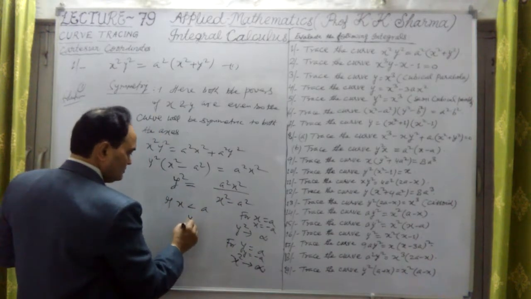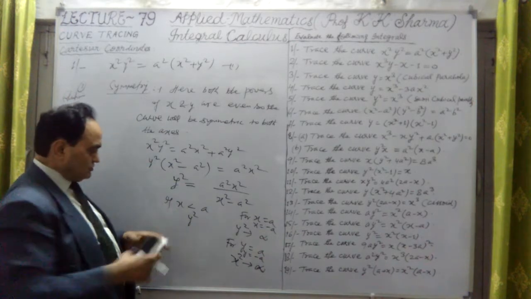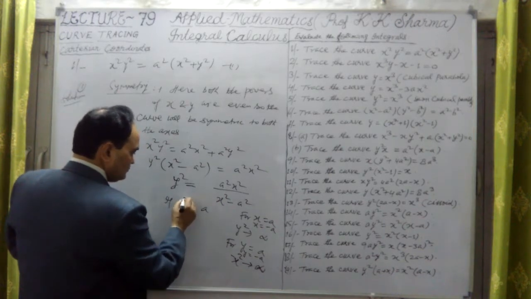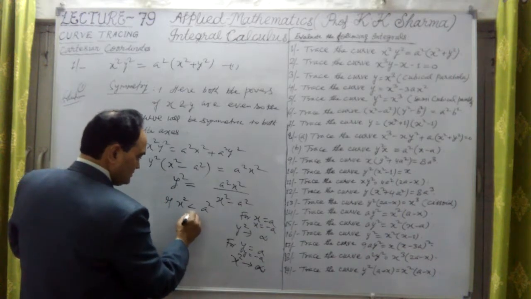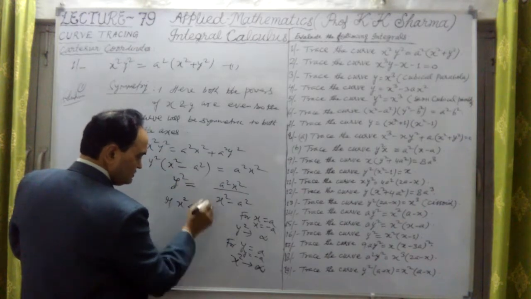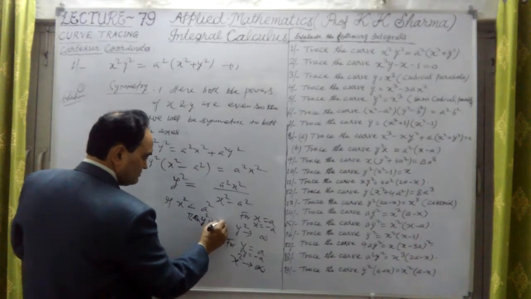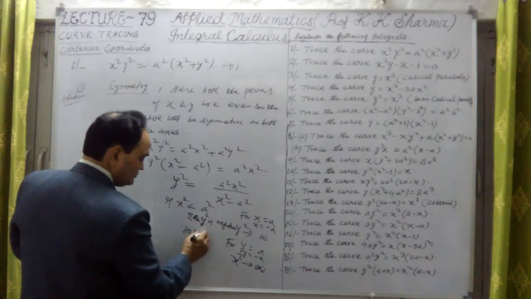Y is then imaginary, not possible. If x square is less than a square, then y is imaginary, y square is negative. So y is not defined in that case.